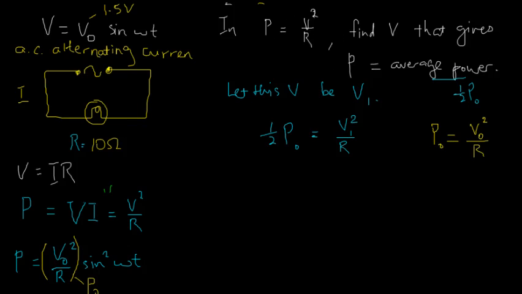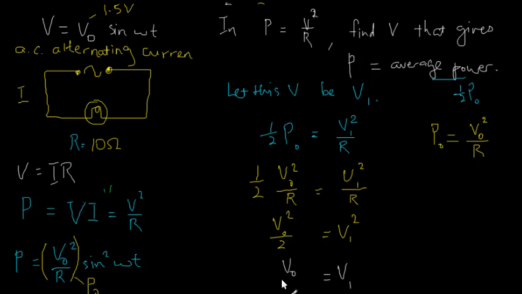So just using the same formula, we can write this down, and I can substitute this into the P0 here. So P0 is V0 squared over R. And this gives V1 squared over R. And now you see you can cancel the R, and then I have V1 squared equals V0 squared over 2. Finally, if I take the square root, I get V1 is equal to V0 over square root of 2.